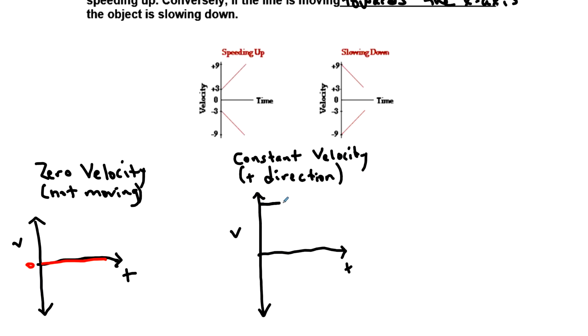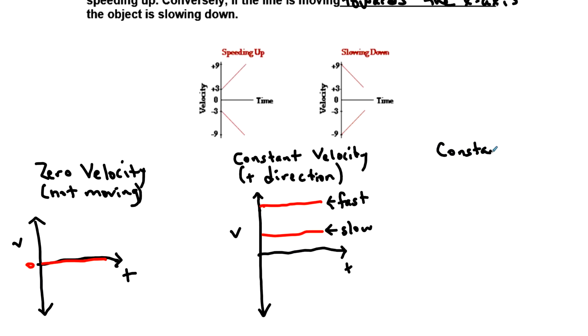You could compare this line to this one. They're both horizontal lines, so both stay at the same velocity the entire time. But this one would be fast and this one would be slow, because the further you get from 0, the faster you're going. That one's fast, this one's closer to 0, so it's slow.